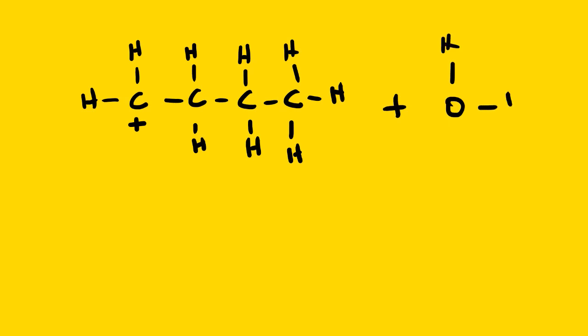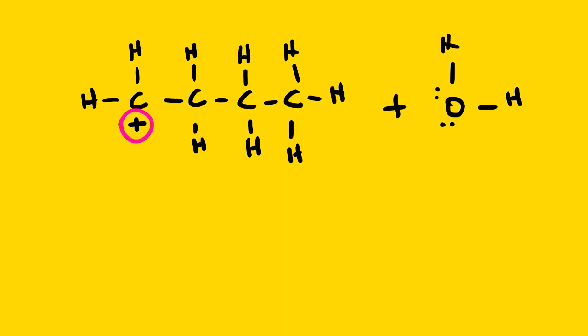Let me put them now, because this explanation will actually be about this. And then plus water. We have our water here, which has left. I want you to understand that this is a carbocation ion, and it is a primary carbocation ion.